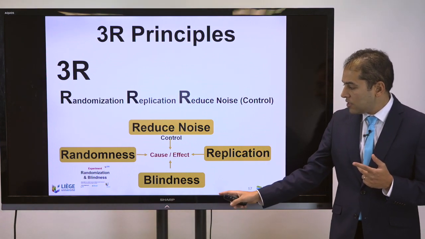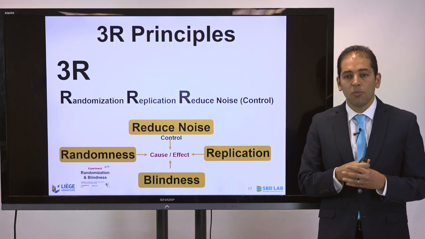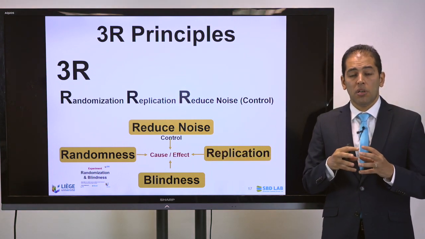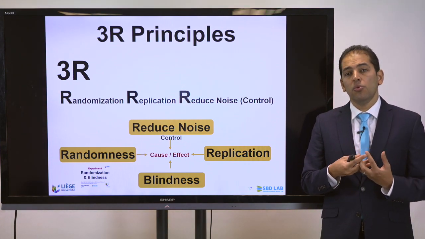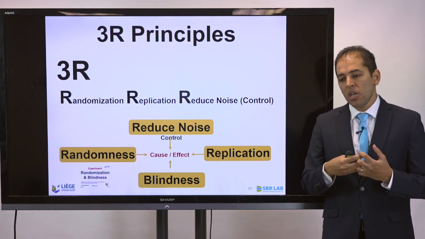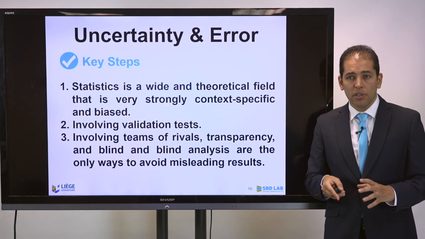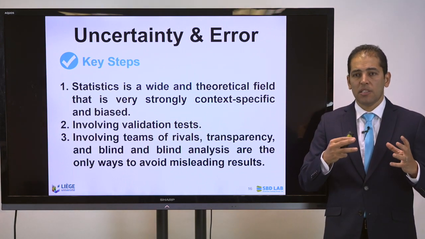So, as you can see, blindness, replication, reducing the noise, and randomization are the four very important criteria that we need to bring into our research, so that we make sure we are not going to be fooled. And every time we have any statistical results, we communicate them.